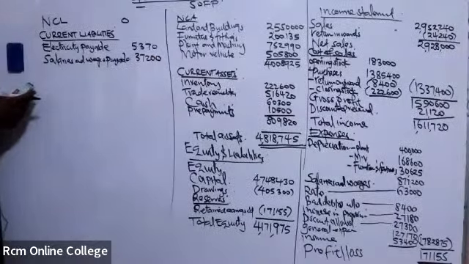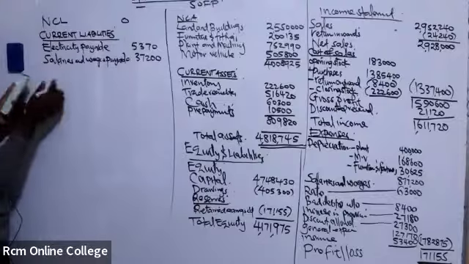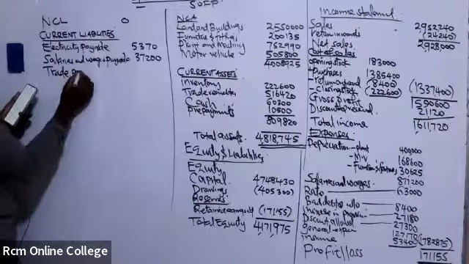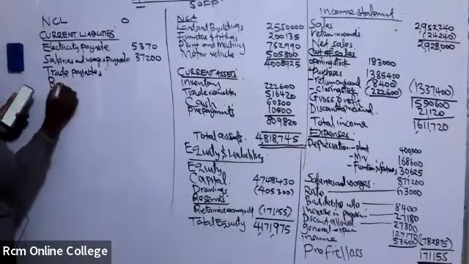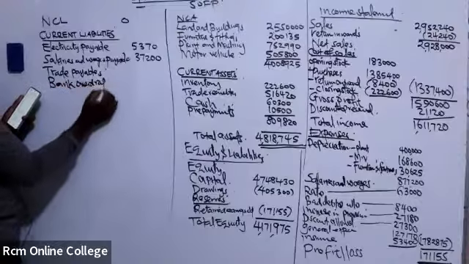Any of that you're leaving out there? So once we are done with the adjustment, we go to the trial balance and check. We must be having trade payables somewhere. So we have trade payables, then we have bank overdraft.